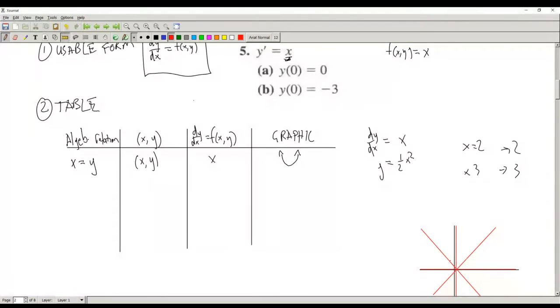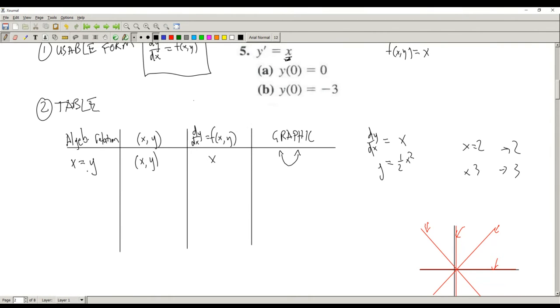Let me flip back to data ruler. This is x equals y. We're also going to do x equals minus y. We're going to do x equals naught, and we're going to do y equals naught. And that will cover your fields quite nicely and clearly.